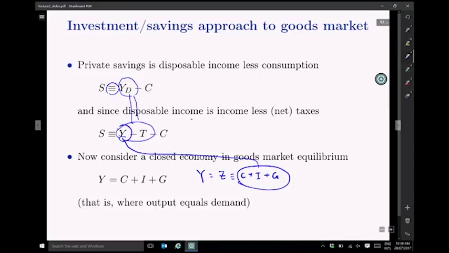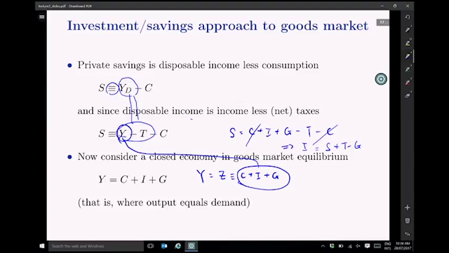By substituting Y into that, what we find is that Y minus T minus C, which is saving, equals I plus G minus T, right? We want to rearrange it a bit, cancel the C. We are left with the following. I put I on one side and the rest on the other side. So this is the second condition that is actually equivalent to that goods market equilibrium condition.